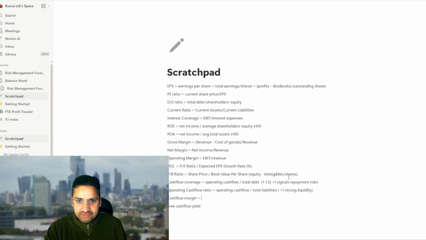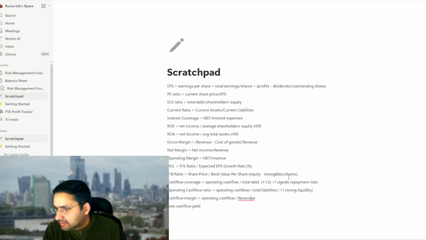Now cash flow margin is also related to operating cash flow, but the formula is operating cash flow divided by the revenue.